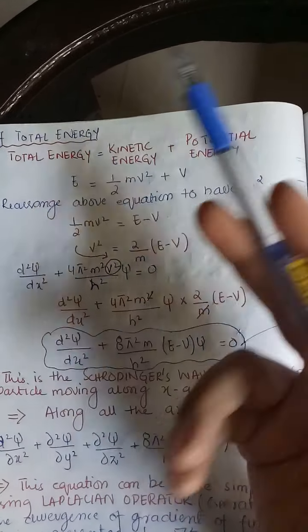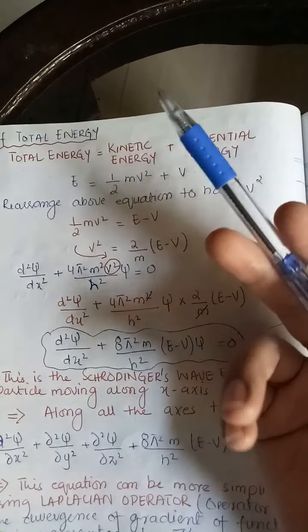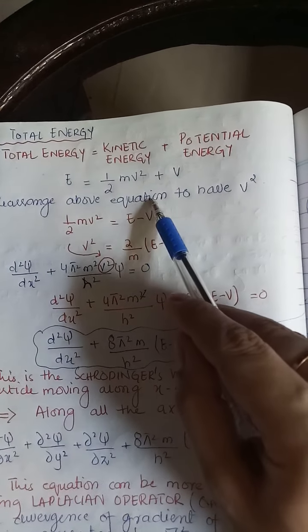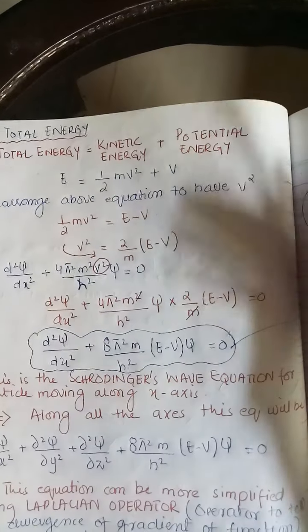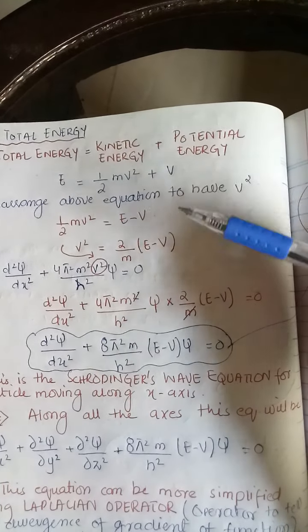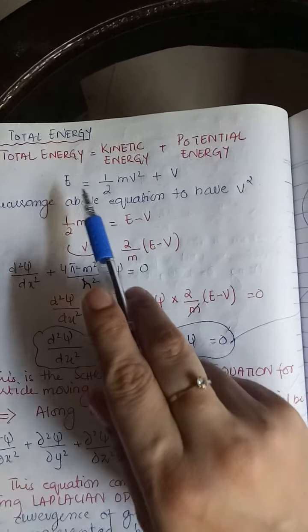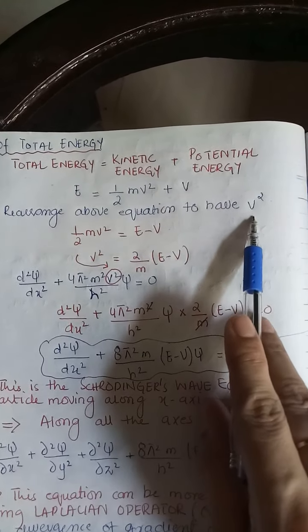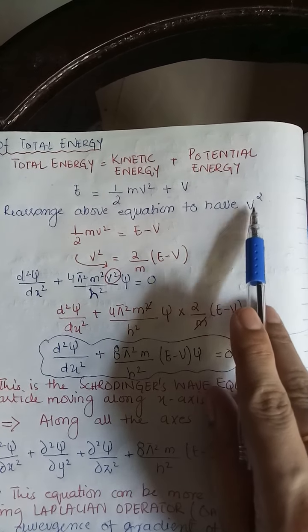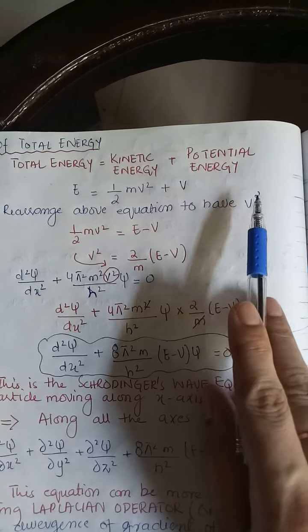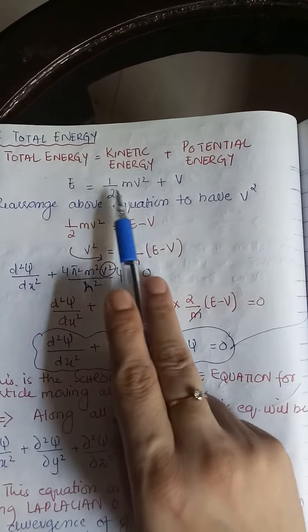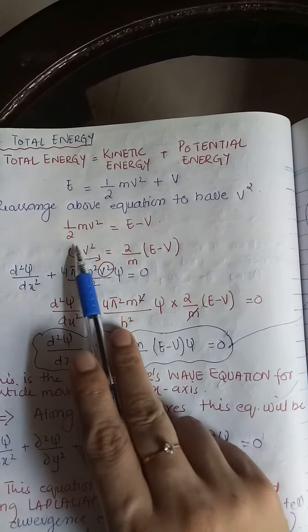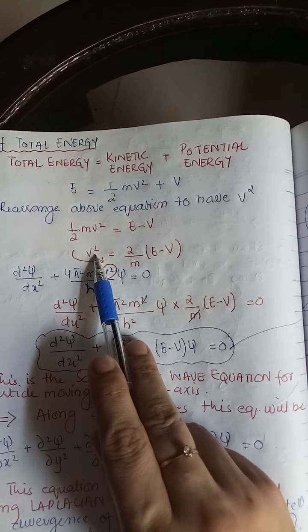The kinetic energy, as we have seen for any body, is equal to 1 by 2 m v square. The potential energy is replaced with V, and the total energy is represented by E. We rearrange this equation to get the value of v square.